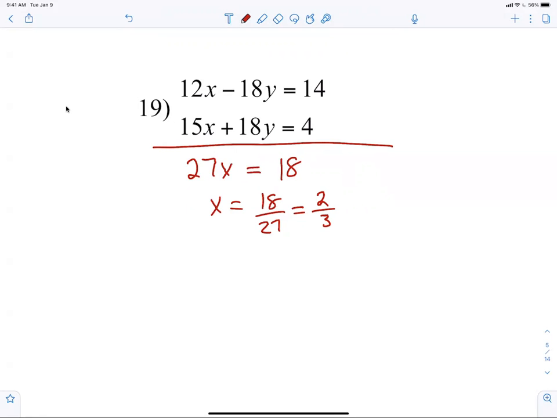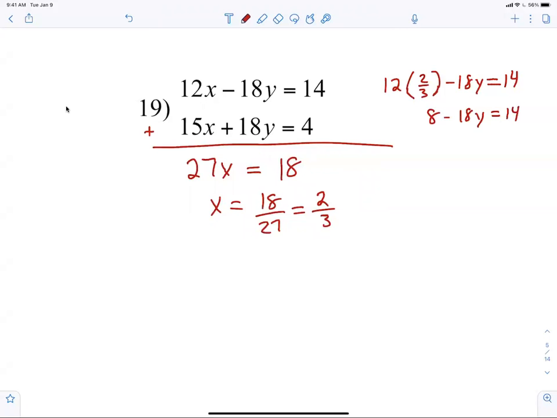15 plus 12, we just added. Now, the hard part is we have some fractions. So I know x is 2/3. I'm going to come up here now, just because some of you are having some issues. I'm making x 2/3 minus 18y equals 14. 8 minus 18y equals 14.